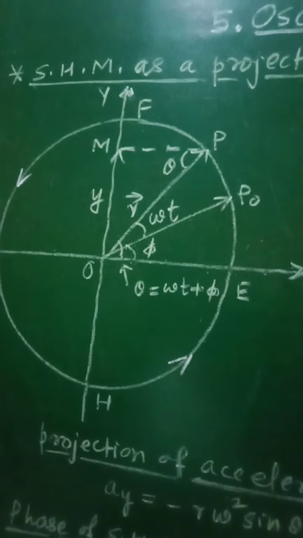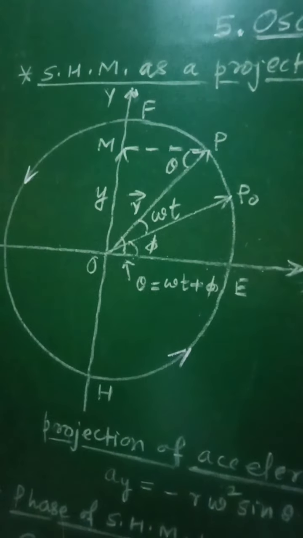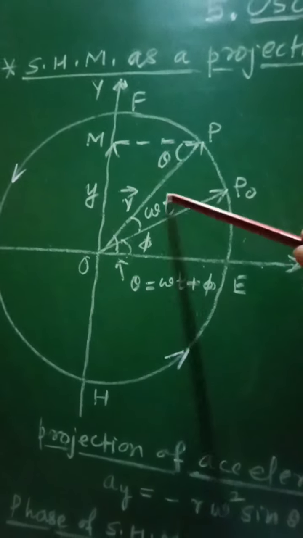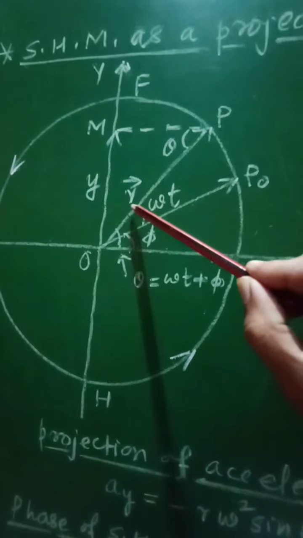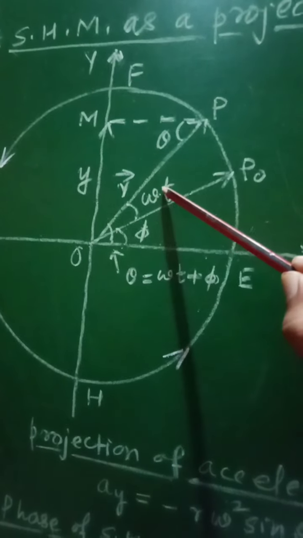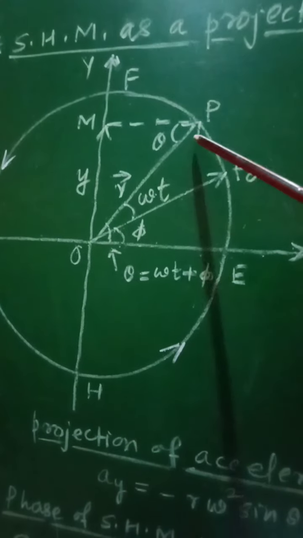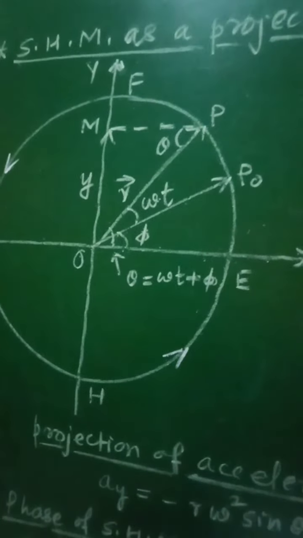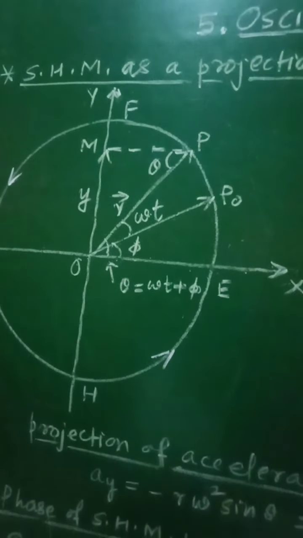Then during time t, it has angular displacement omega t. So after some time t, it moves from P0 to P, with angular displacement omega t, and so that this total angle, that is POE, will be equal to theta equal to omega t plus phi.